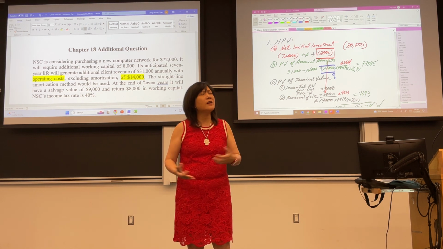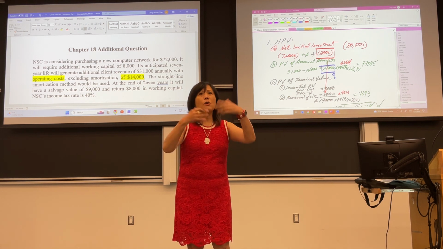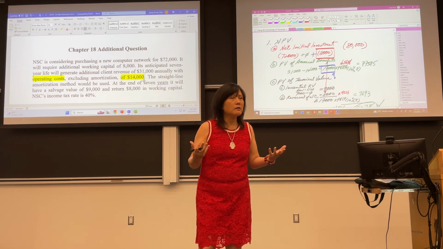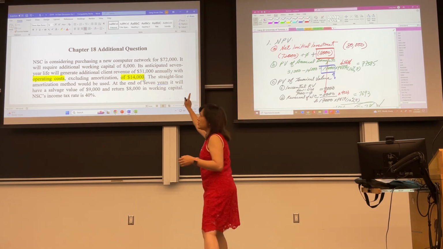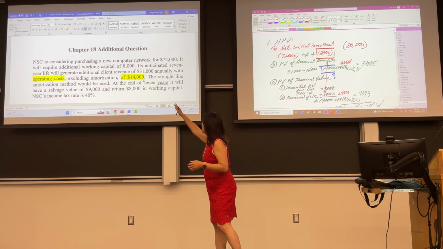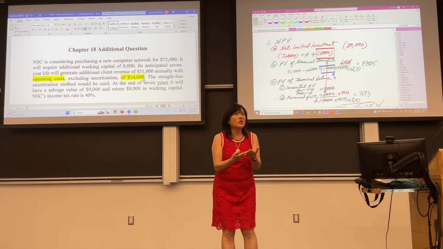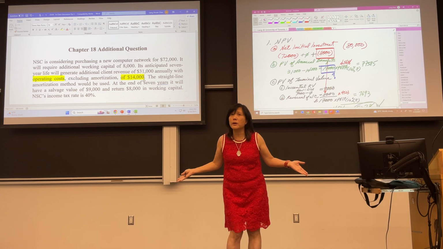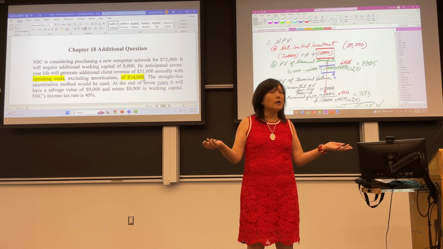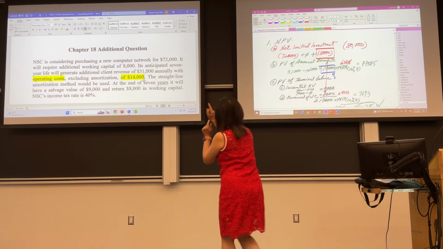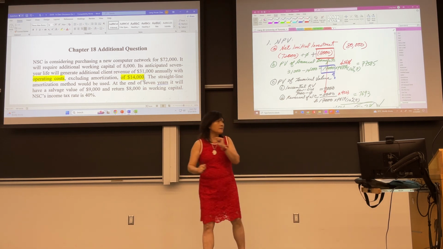How can you depreciate labor? You cannot. Some is overhead. You cannot depreciate that. What you can depreciate is only the computer network. You cannot depreciate working capital, inventory, or accounts receivable. So the only thing you can depreciate is the computer network, 72,000.